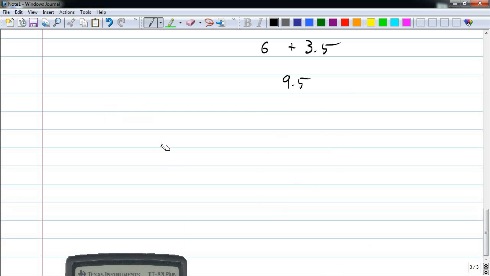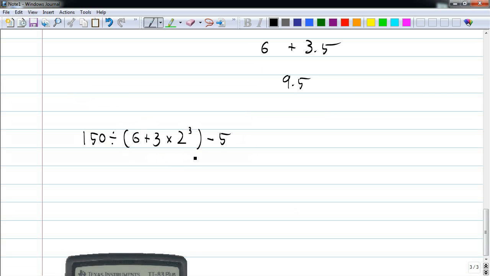Okay, let's look at another example. Let's look at 150 divided by parentheses 6 plus 3 times 2 to the third, minus 5. So, parentheses.